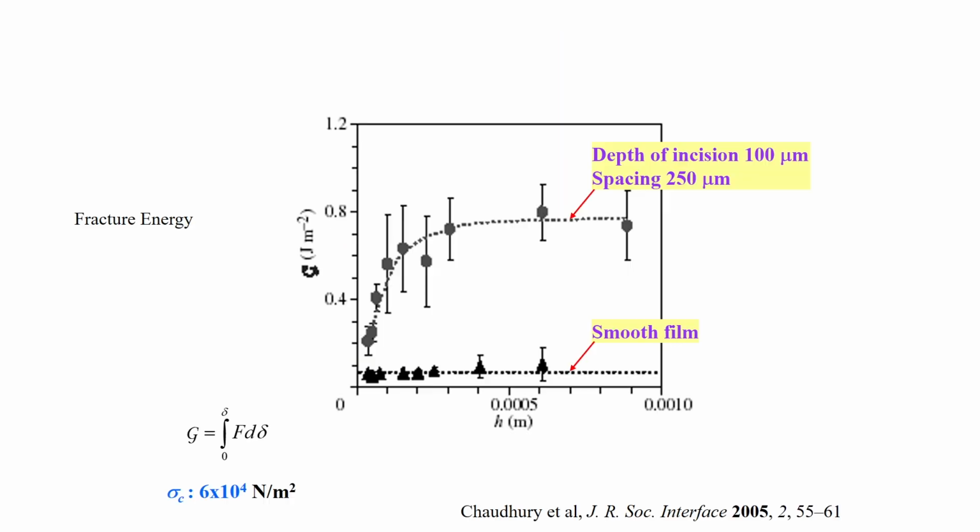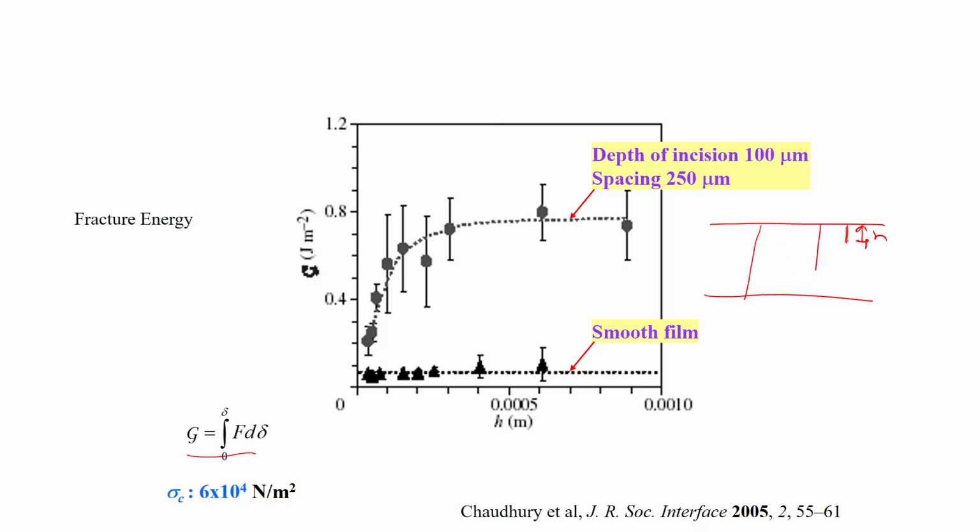So, in essence we can obtain the fracture energy with respect to the depth of the incisions. By depth I mean that this is the adhesive, and the incision goes up to a height, let us say h. The incision can be up to this height, or this height.